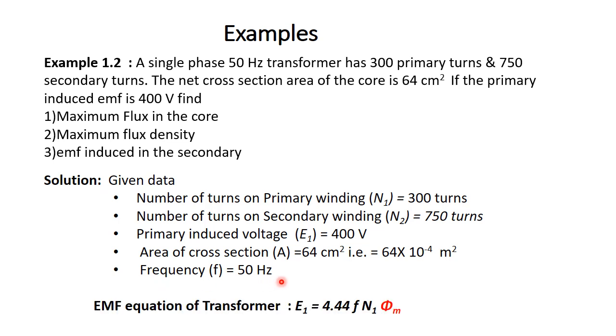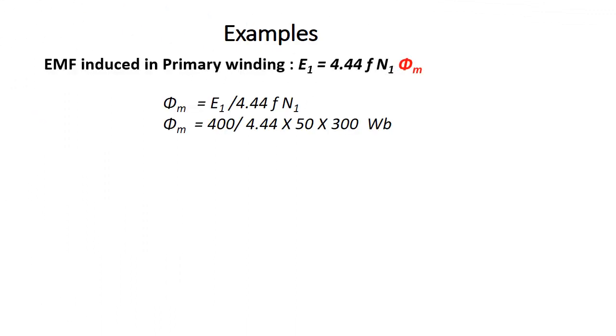EMF equation of a transformer: E1 equals 4.44 F N1 phi m. So phi m is unknown, so phi m equals E1 divided by 4.44 F N1.